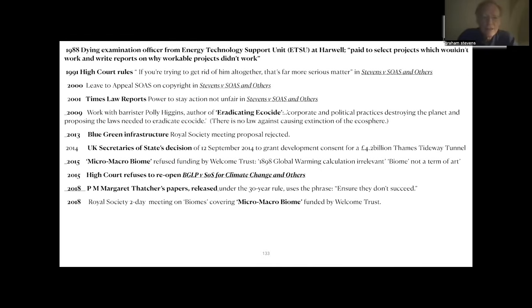And then in 2018, Margaret Thatcher's papers were released using the phrase, ensure they don't succeed. One of her Ministers of Defence was Earl Jellicoe, who became chairman of Tate and Lyle.